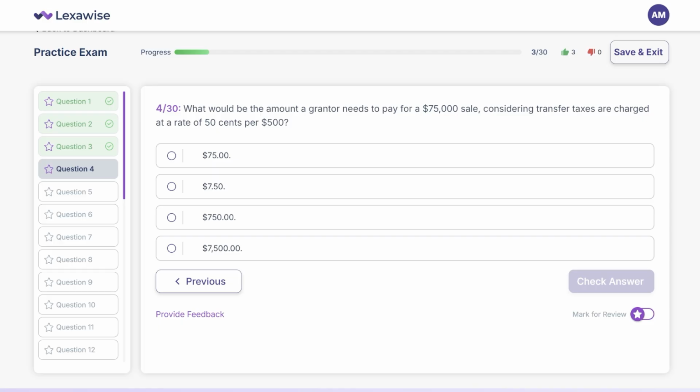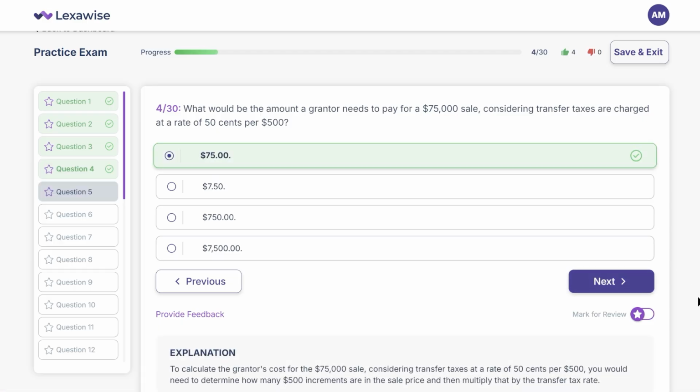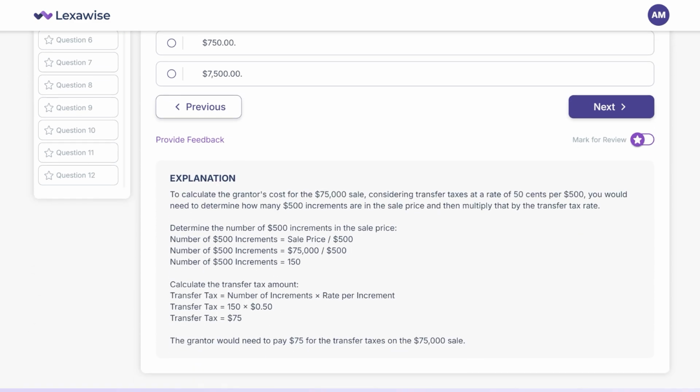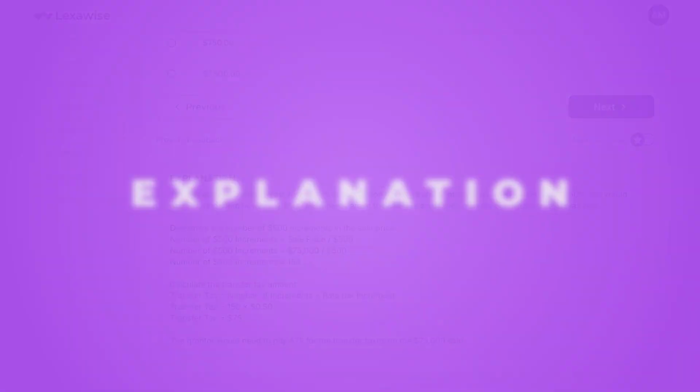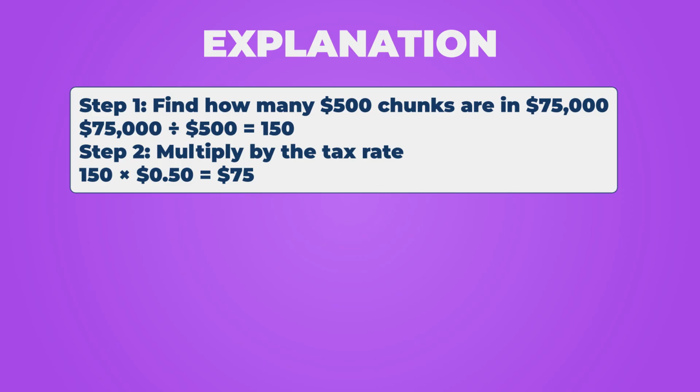The correct answer is A, $75. All right, let's break it down step by step. The home sold for $75,000 and the transfer tax is 50 cents for every $500 of the sale price. Step 1. Find how many $500 chunks are in $75,000. $75,000 divided by $500 equals 150.